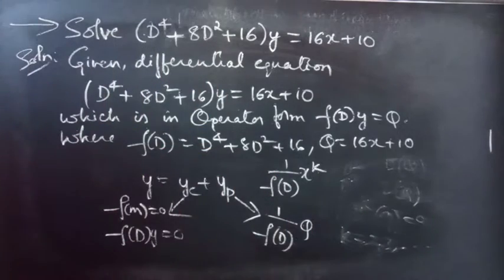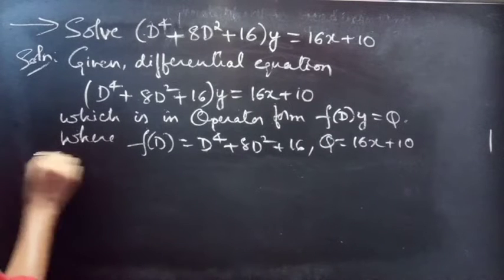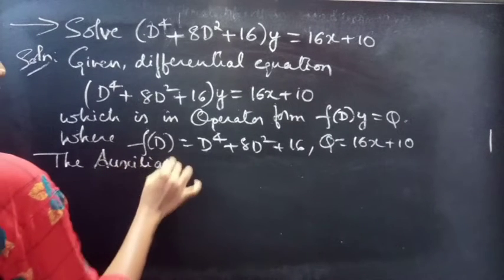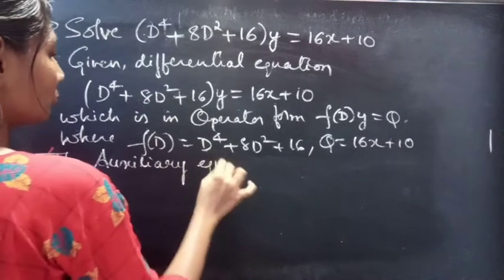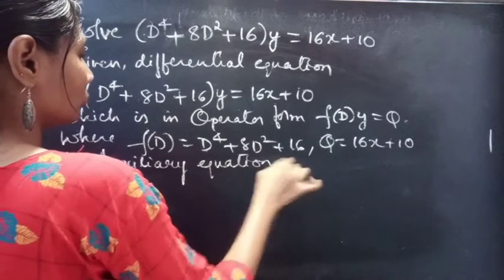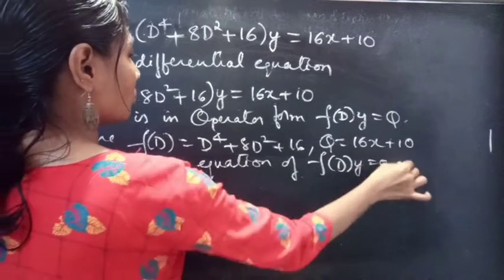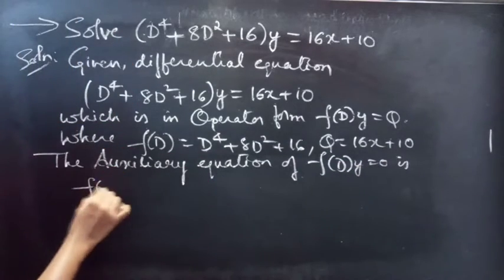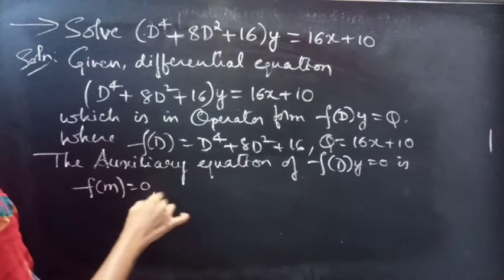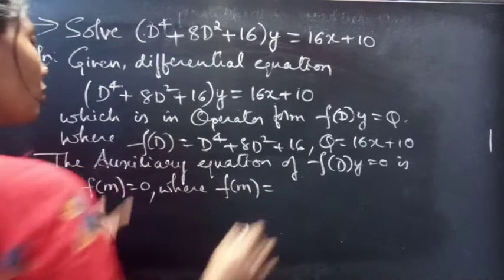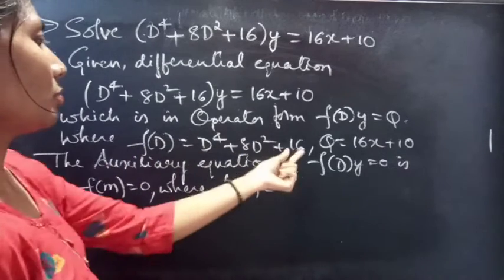Now, let's find yc. We'll find yc using the auxiliary equation. We know that the auxiliary equation of F(D) y = 0 is F(m) = 0, where F(m) is the F(D) with D^4 + 8D^2 + 16.